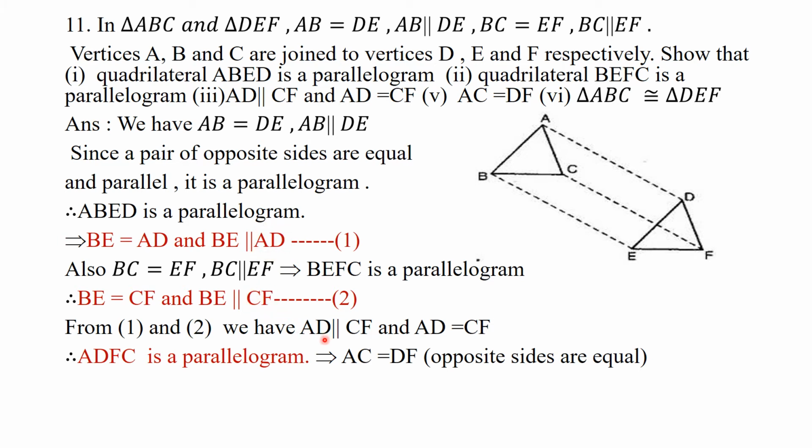So, we got the condition AD is equal to CF and AD parallel to CF, which implies AD and CF are parallel and equal. Therefore, ADFC is a parallelogram. The other opposite sides AC and DF will be equal and parallel to each other.